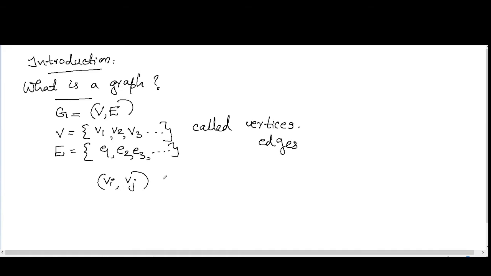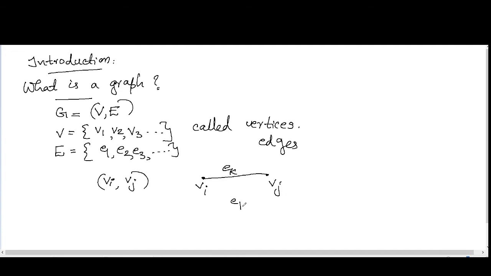That means, suppose this is the edge, this is the end vertex Vi, and this is the vertex Vj. The edge is named Ek. So we can see that there is no order.